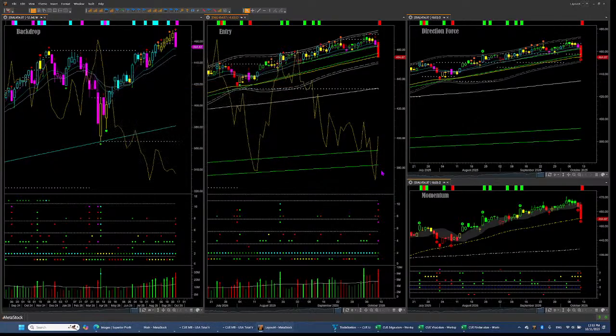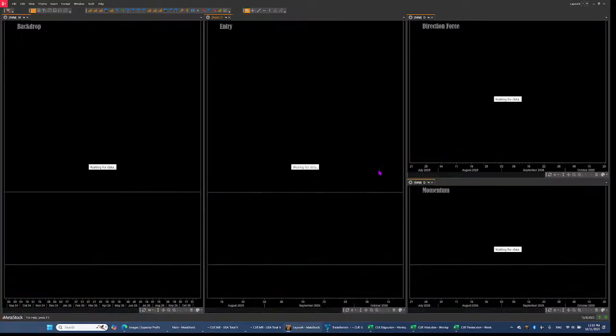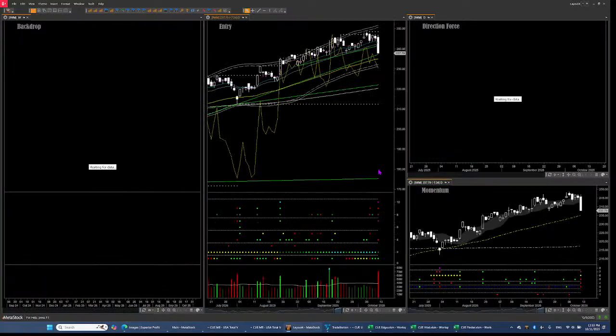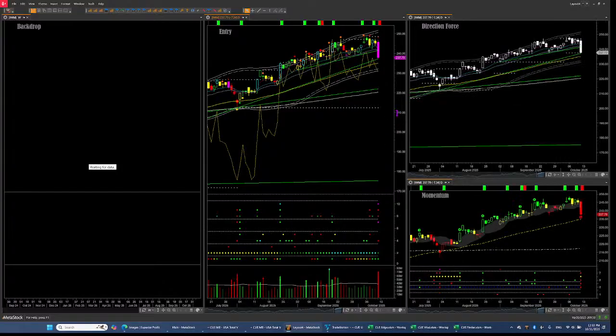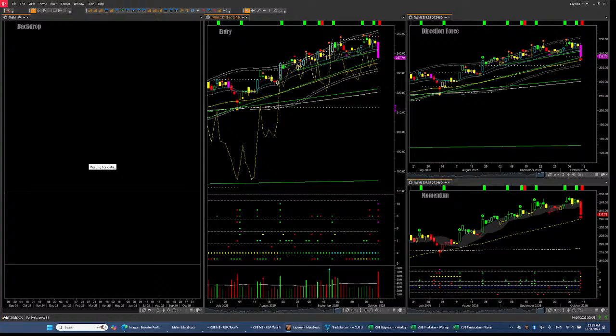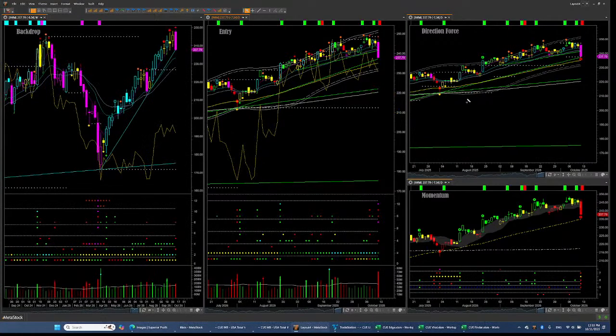IWM, again very high bearish direction force and bearish momentum signal. IWM broke one trend line support but stopped right at the next trend line support. So again, I would not like to short IWM itself.